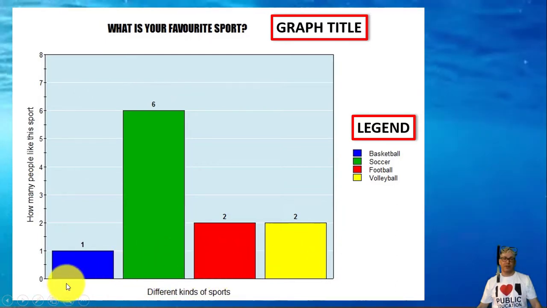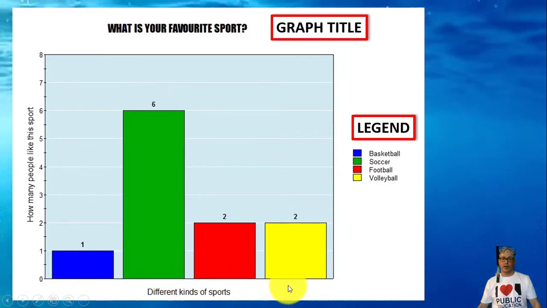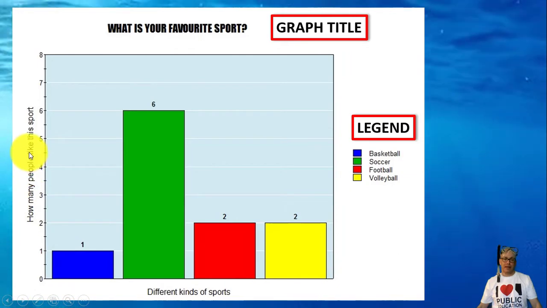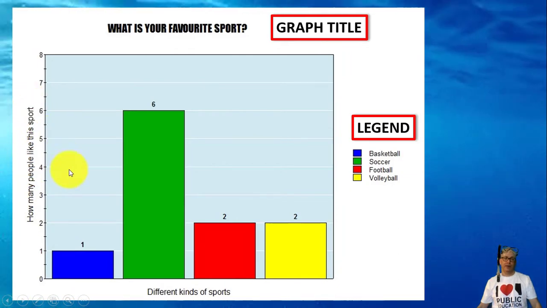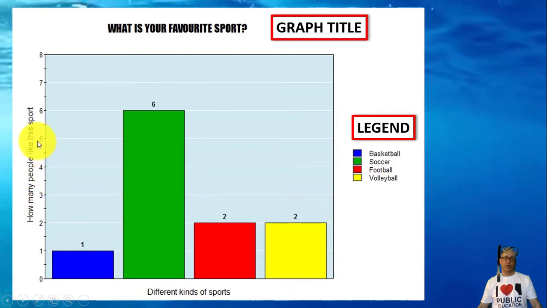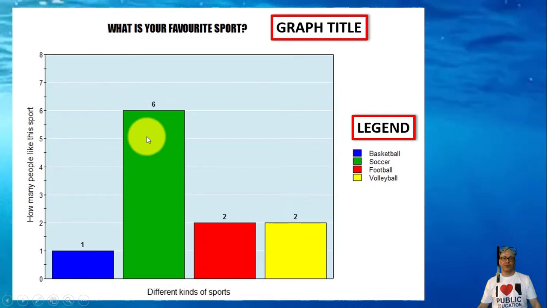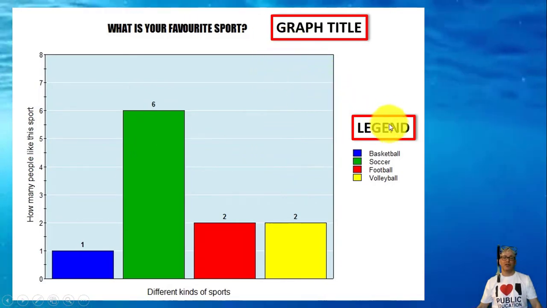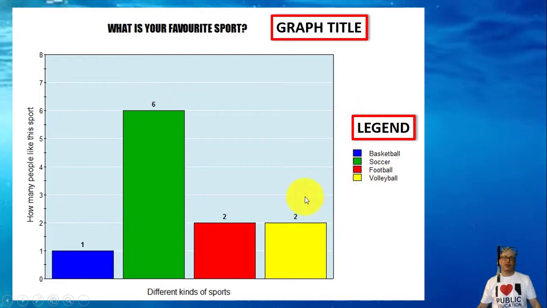And along this side, it's how many people like this sport. Is it 1 person, or 2, or 3, or 4, 5, 6, 7, 8? It tells you. So this is the graph's title. Graphs should have a legend so that you can read the graph and know what the graph is about.